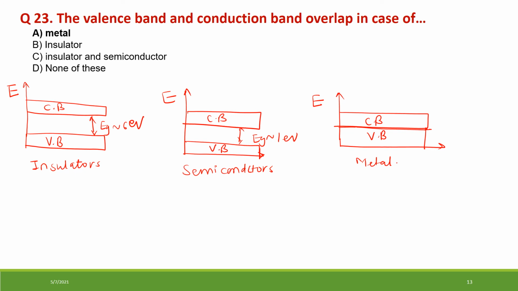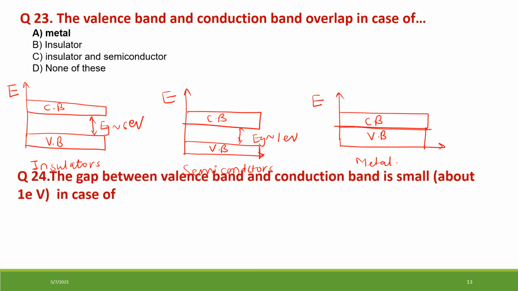Now the next question, question number 24. The gap between valence band and the conduction band is small, about 1 electron volt, in case of A semiconductor, B insulator, C metal, D metal and insulator. And of course the answer is semiconductors, right?